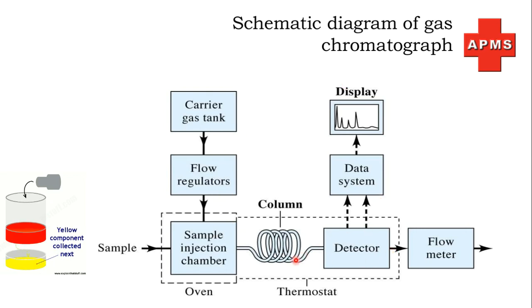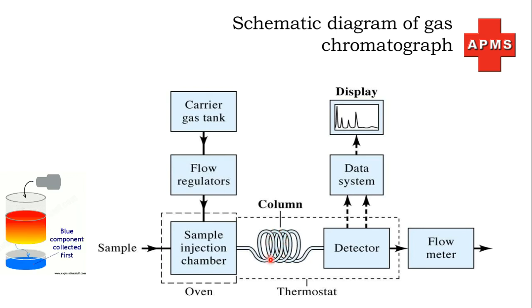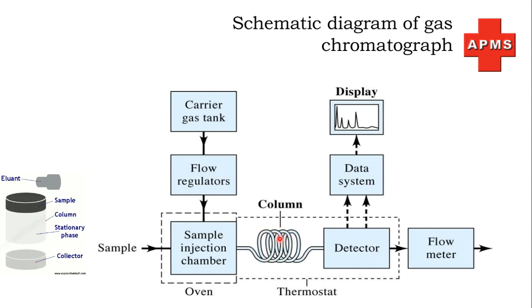Now we can see that the column shape is a spiral. Why is it spiral? Because column lengths are generally very high, 1 meter to 50 or 60 meters. Such very long columns cannot be put inside a small instrument.